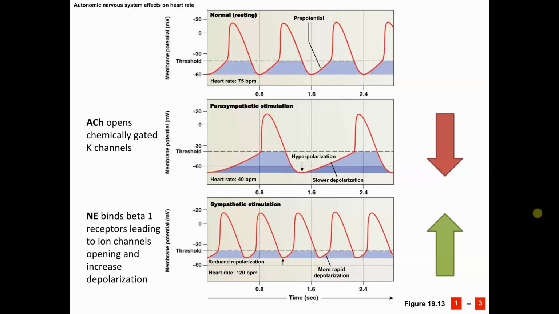So these beta receptors are going to be a major target for hypertension drugs, right? Because if you're preventing the heart from contracting more, you can do that by preventing norepinephrine from binding these.